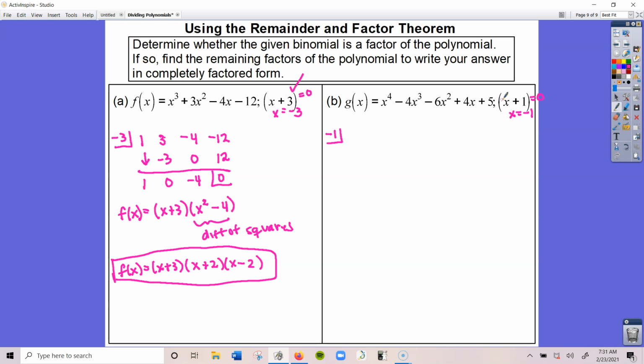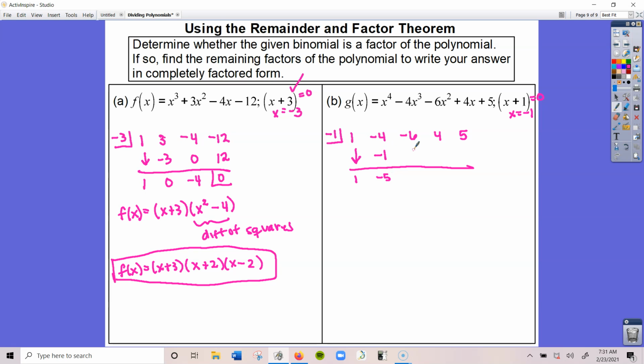We write our coefficients. We're not missing any terms. So 1, negative 4, negative 6, 4, and 5. Bring down the 1. 1 times negative 1 is negative 1. Negative 4 minus 1 is negative 5.